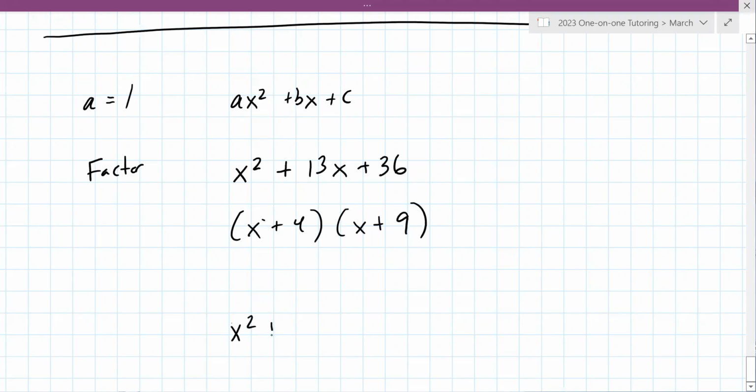Let's say it's x squared plus 19x plus 48.